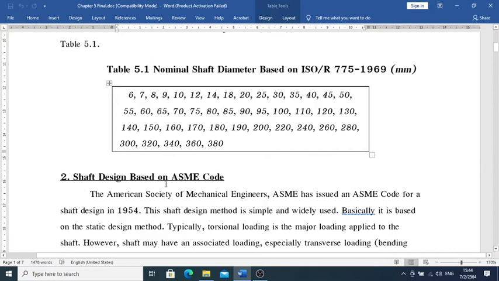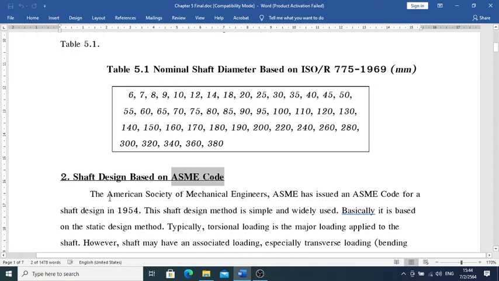Then the shaft is designed based upon the ASME code. The American Society of Mechanical Engineers realized the necessity of shaft design and issued it in the year 1954.